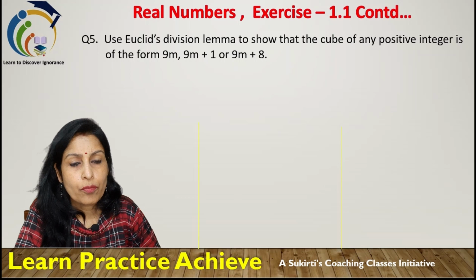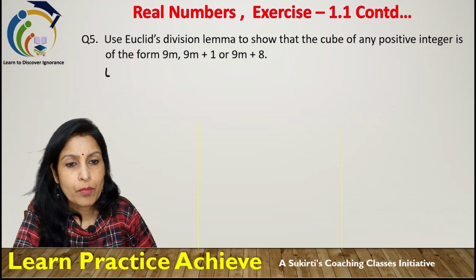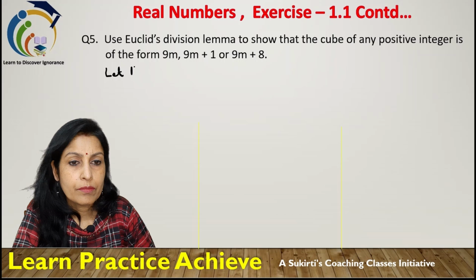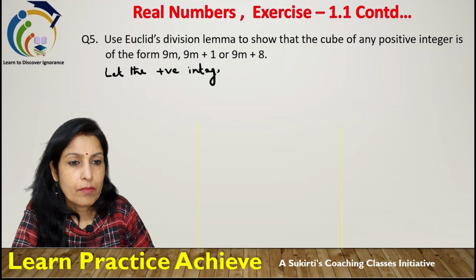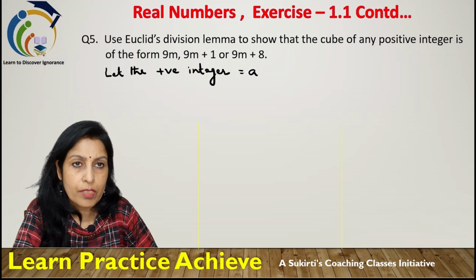Okay. So first take the number, let the positive integer be a. Again you have to use Euclid's division lemma.